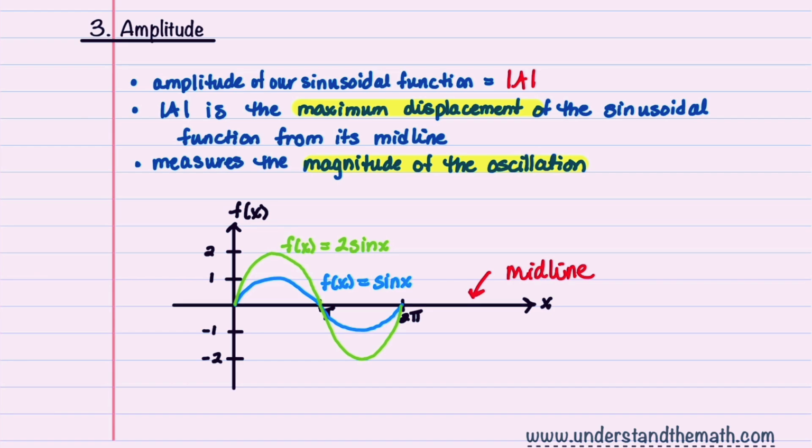We're going to begin by indicating the maximum displacement or amplitude in red. Our sine function in blue has an amplitude of 1. We can think of a 1 multiplying sine x. And our sine function in green has an amplitude of 2.